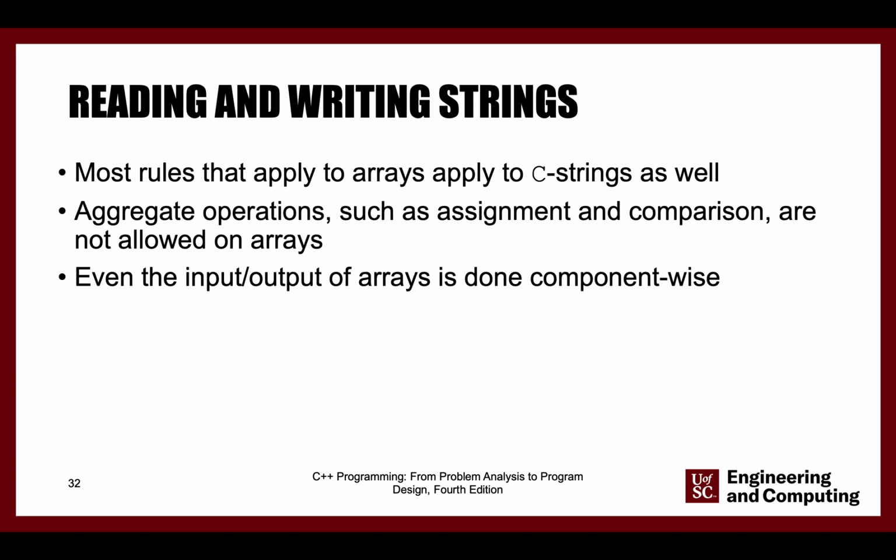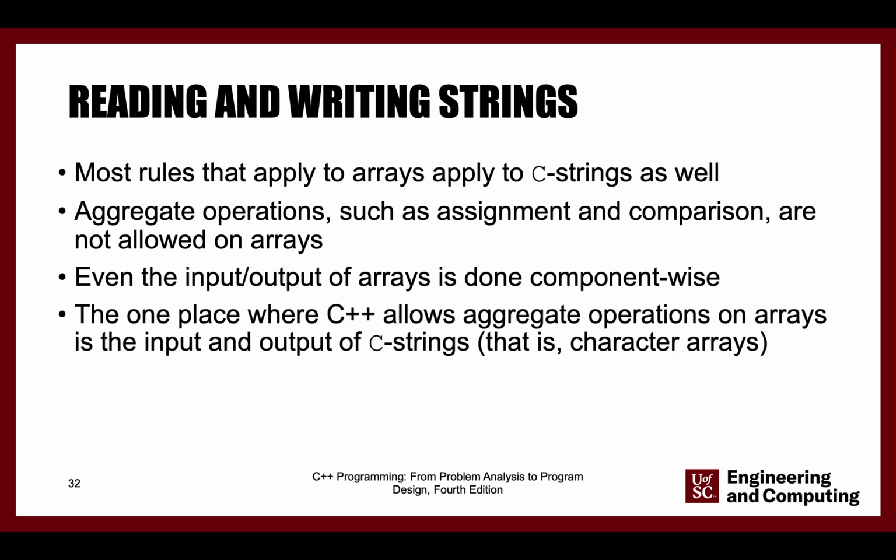So we have to use those auxiliary functions to do those aggregations instead of using the equals like we might be used to. Input and output is also done component-wise, so we'll have to loop through and set things one by one or print things one by one.